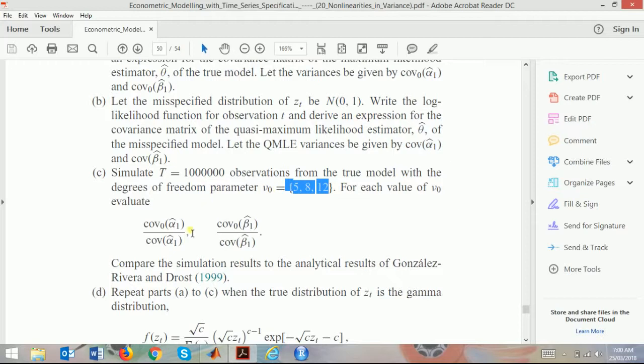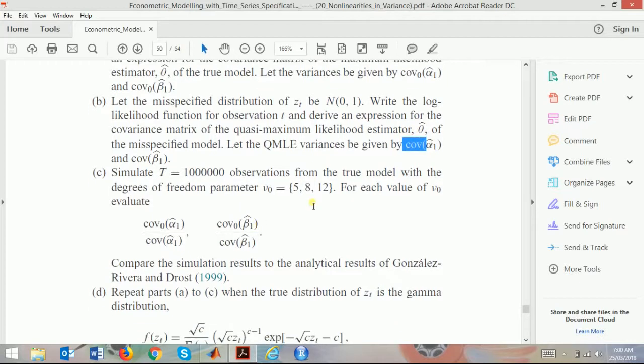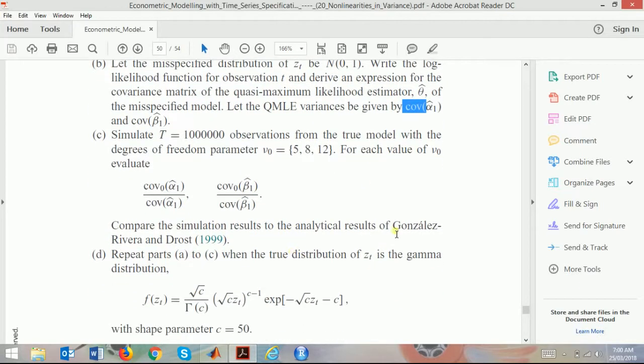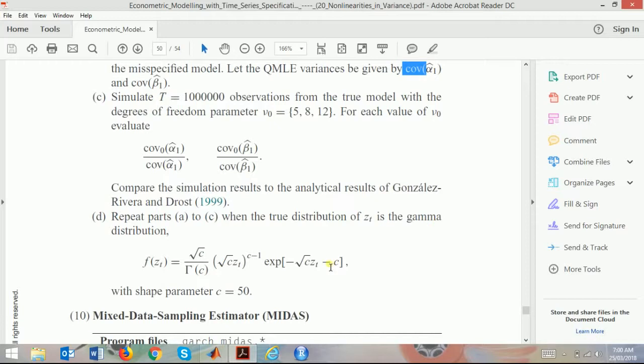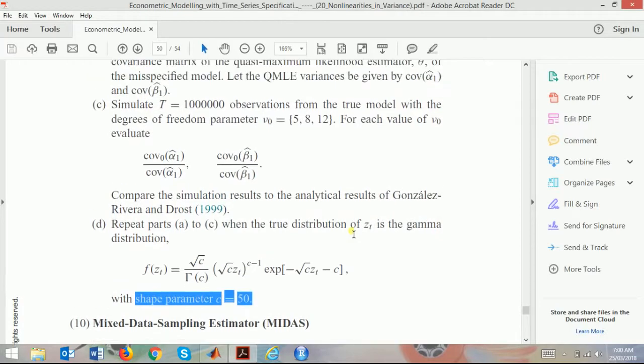We want to take the fraction of the covariance that we have estimated with the t distribution and the quasi maximum likelihood distribution, and compare those results. Then we want to repeat them, changing the distribution to a gamma distribution with a given shape parameter. So this is quite big and to some extent I believe a bit unnecessary, but we'll look into it as much as I can.